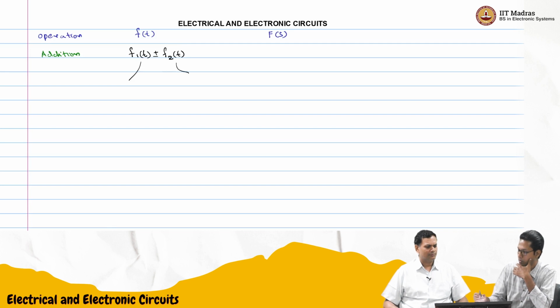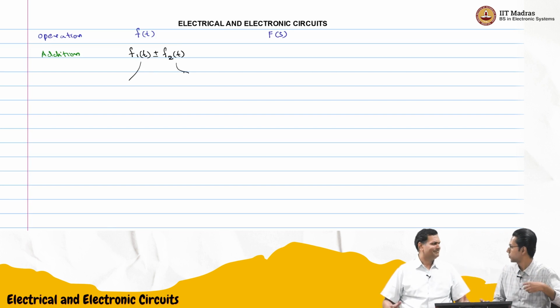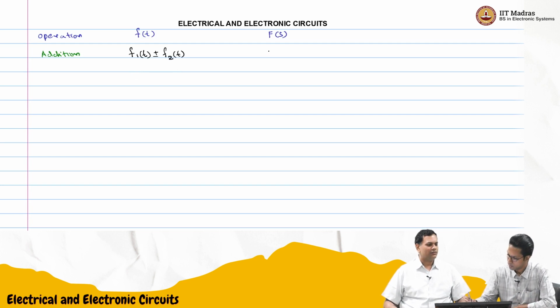Both of them will have the integral of f1 of t e to the power minus st dt, plus again the integral. It's just the sum of the two Laplace transforms, capital F1 of s and capital F2 of s.